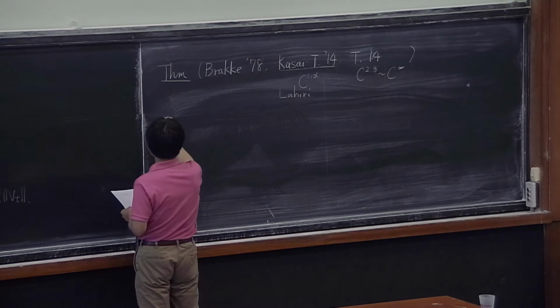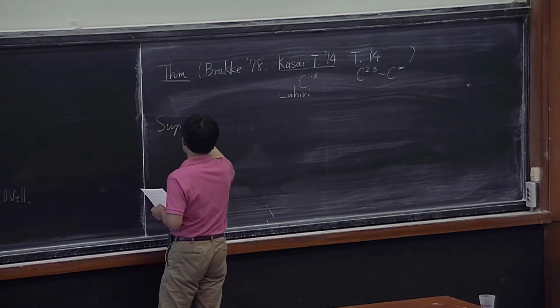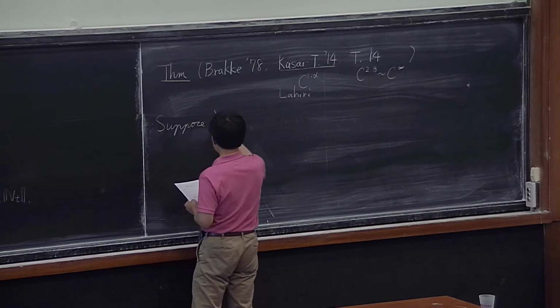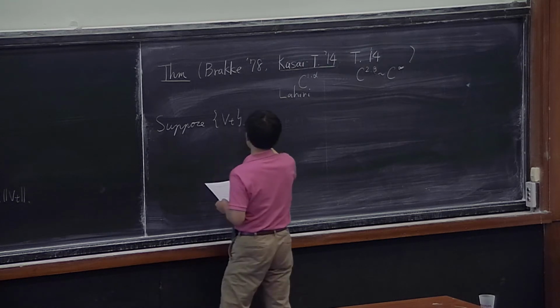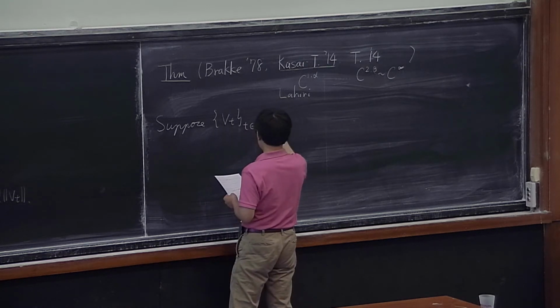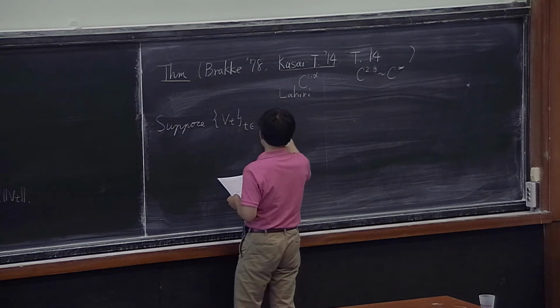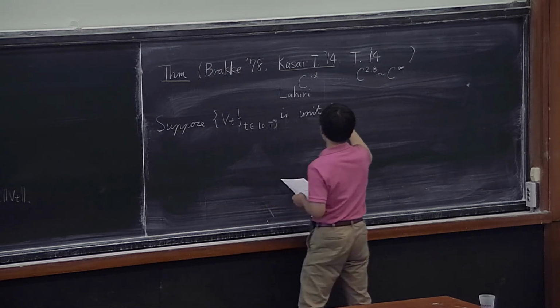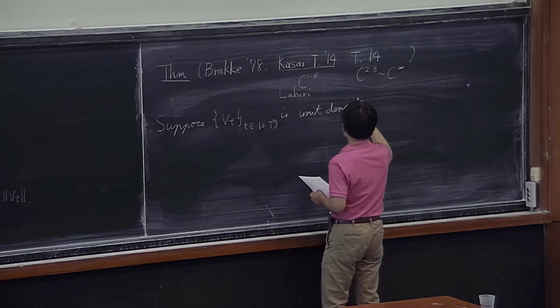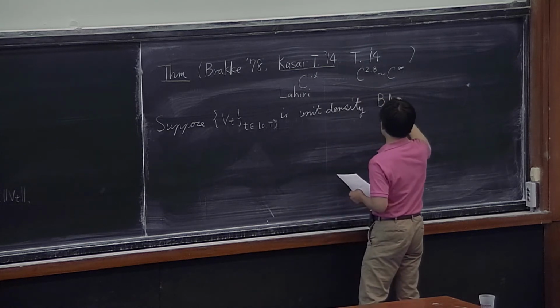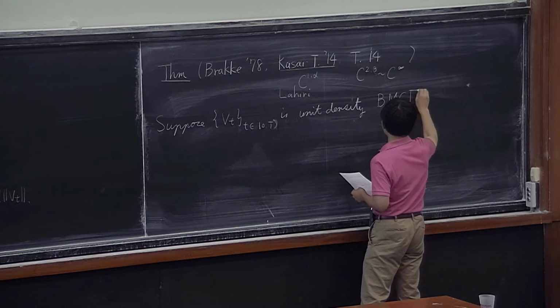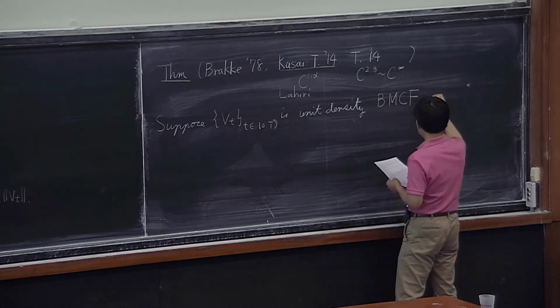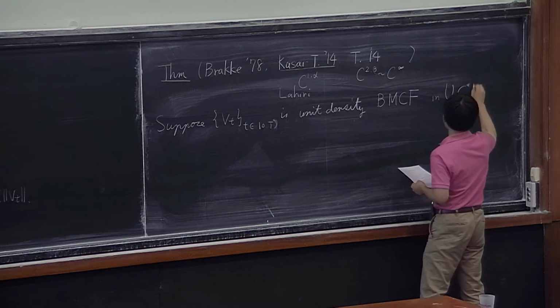Okay, so let me state it. Suppose this Vt, say from 0 to T, is a unit density Brakke's mean curvature flow, BMCF, in U, an open set in Rn.